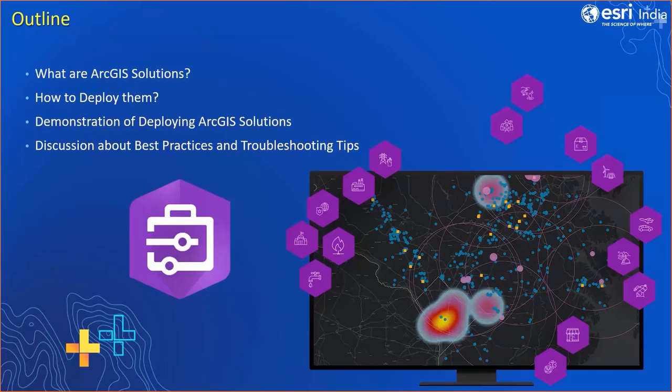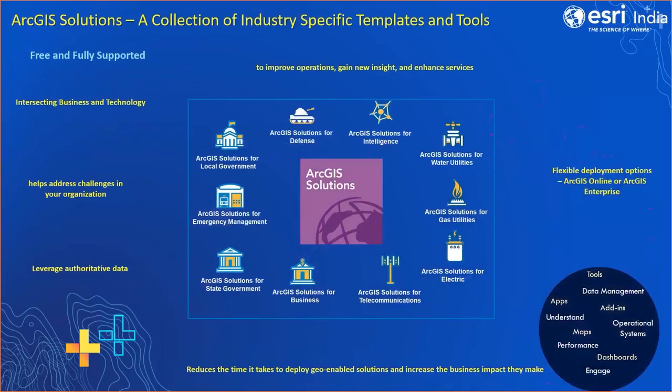So what are ArcGIS solutions? ArcGIS solutions are industry-specific configurations that are available. It is actually a collection of industry-specific templates and tools, which will give you access to several maps and apps that will help you address the challenges in your organization.